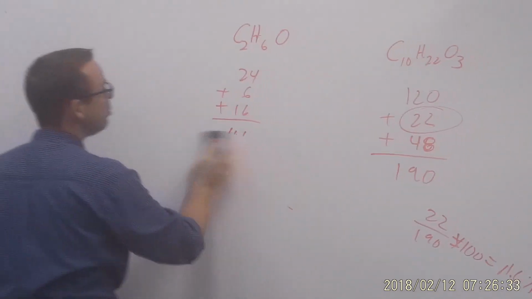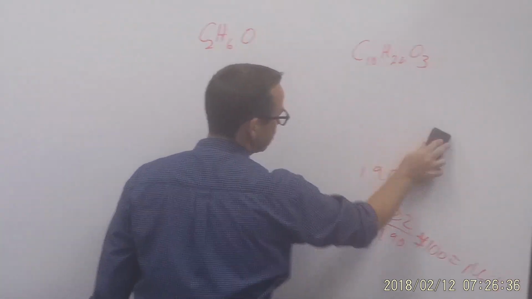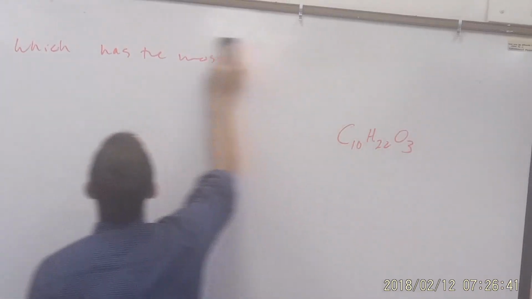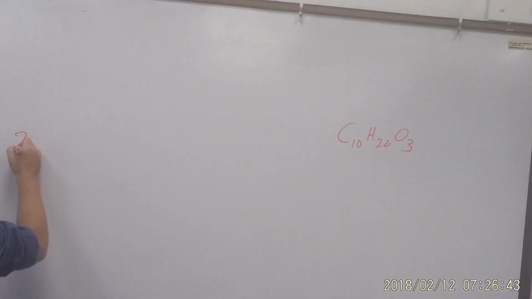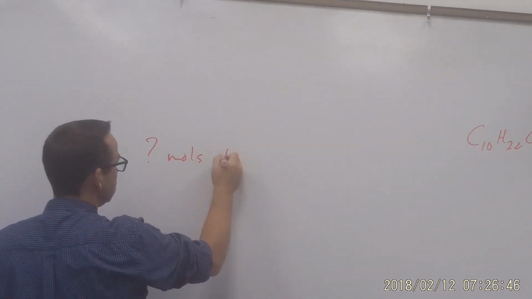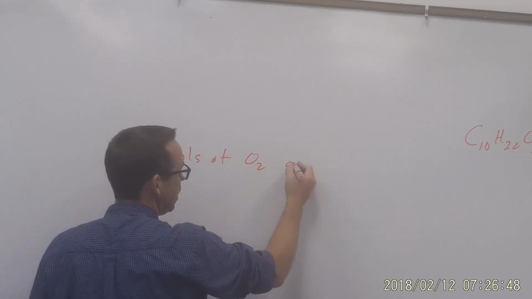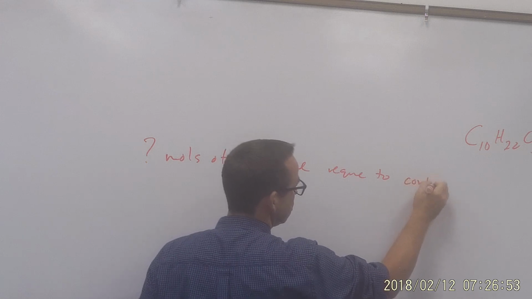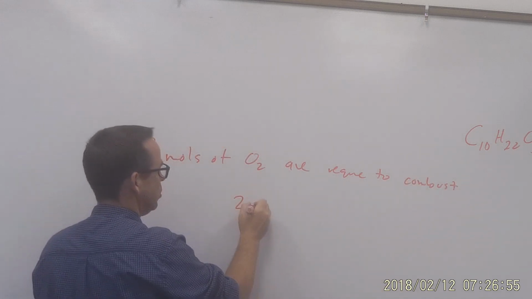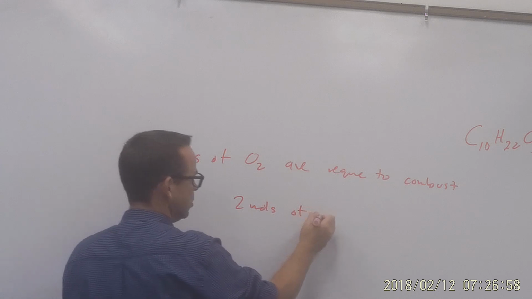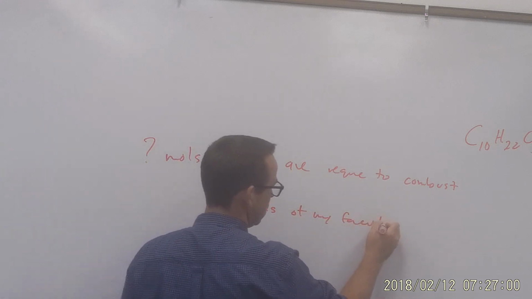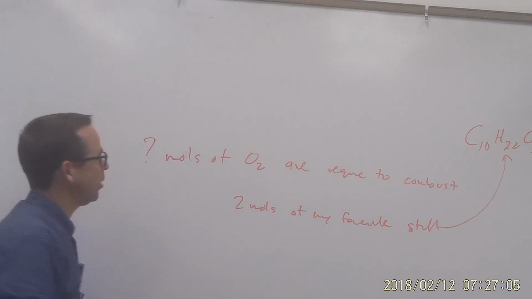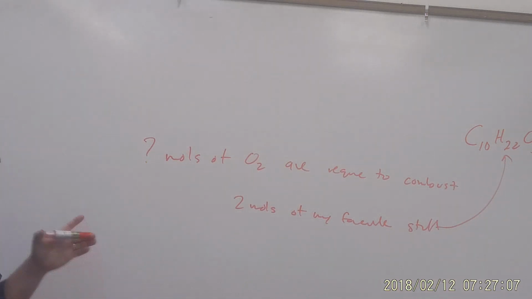If I'm going to combust 2 moles of this stuff, how many moles of oxygen do I need? How many moles of oxygen gas are required to combust 2 moles of my favorite stuff?